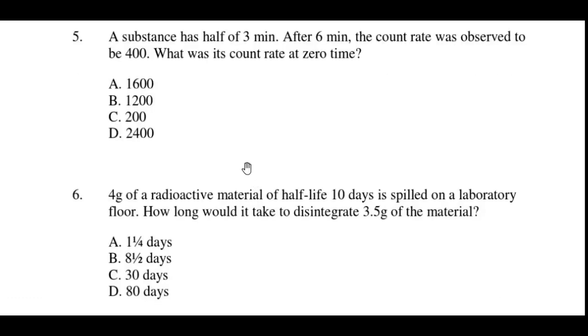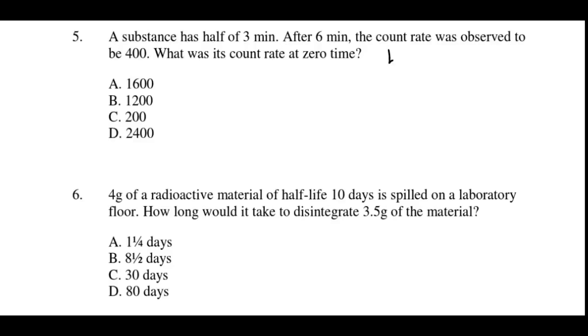Question 5. A substance has a half-life of 3 minutes. After 6 minutes, the count rate was observed to be 400. What was its count rate at 0 time? Okay, so let's analyze this question together.